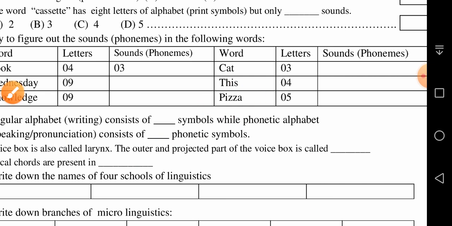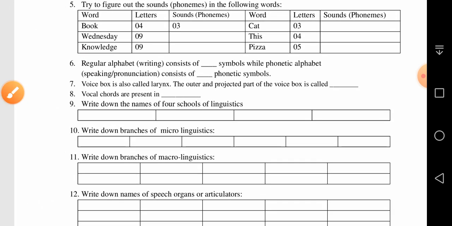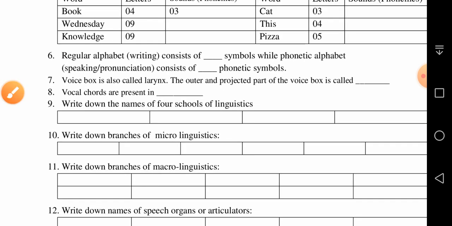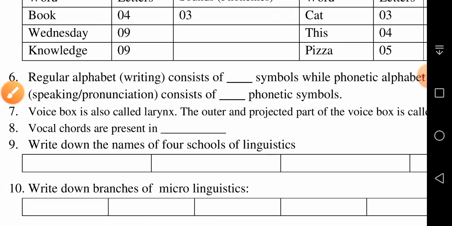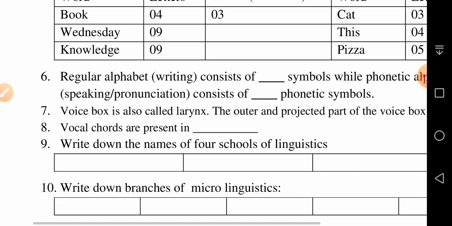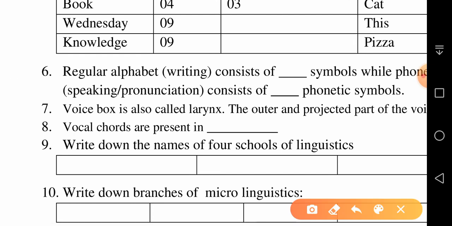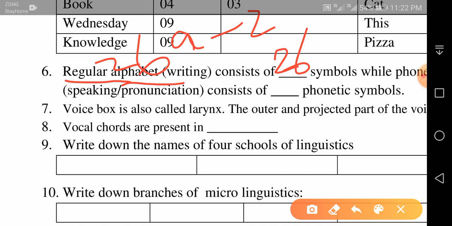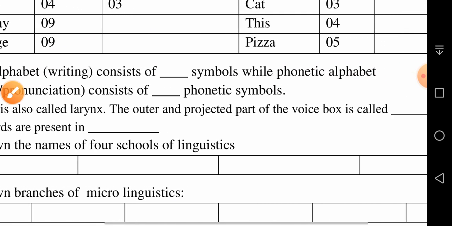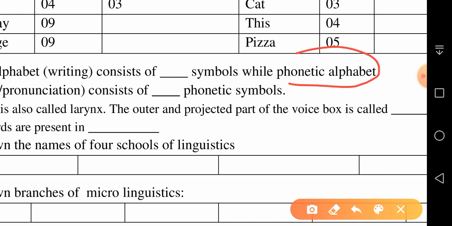So already explained. Okay, now here we go to regular alphabet. Regular alphabet consists of symbols, while phonetic alphabet consists of phonetic symbols. The regular alphabet means the writing alphabet, which consists of 26 letters, A to Z. The phonetic alphabet relates to phones or phonemes.